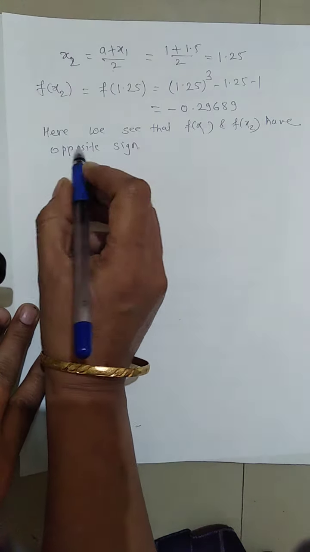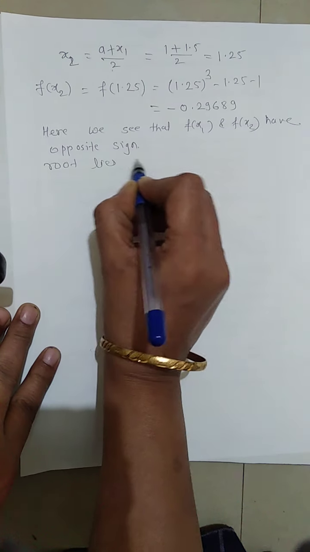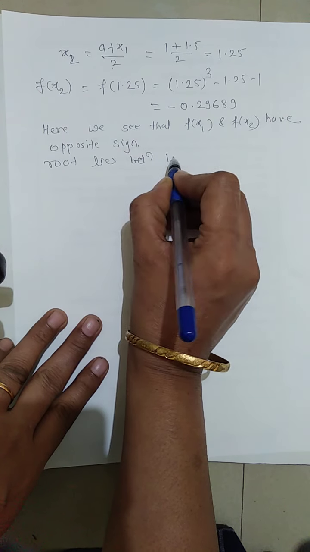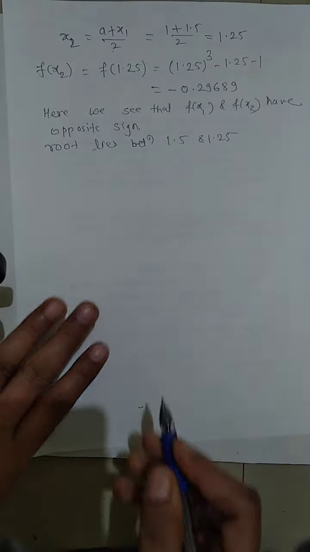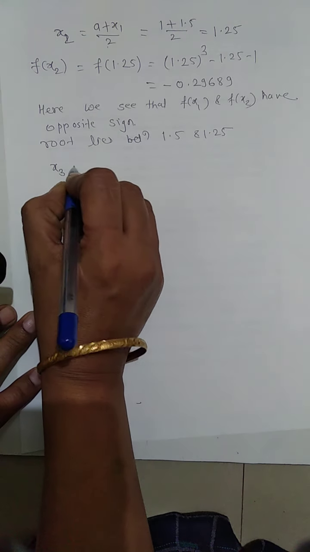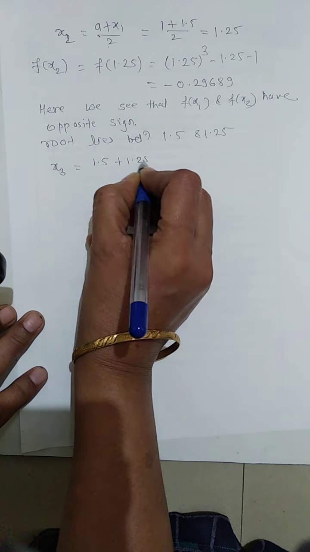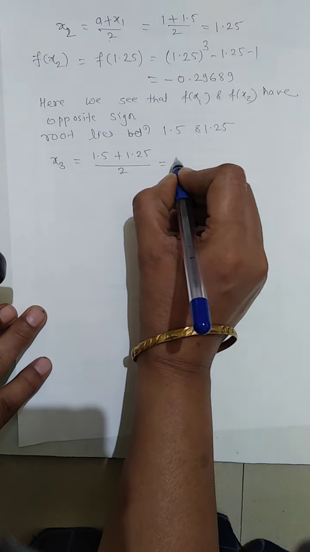Then the root lies between 1.5 and 1.25. Then find x3, and x3 = (1.5 + 1.25)/2, and the value is 1.375.